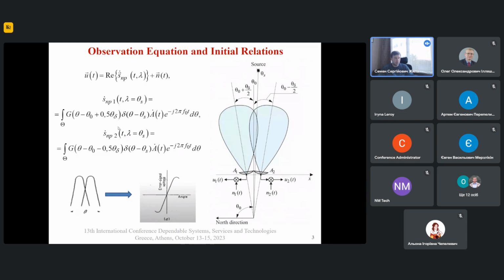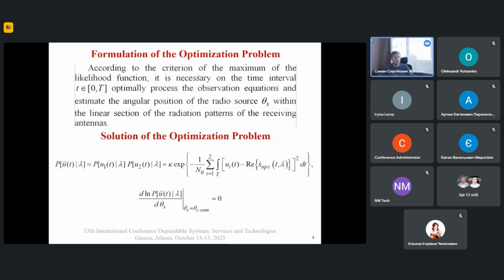And using these two antennas with different positions of the main lobe, we stated the observation equation that consists of received signals and internal noise. And then using the maximum likelihood method, we had to synthesize optimal algorithms. So we have formulated the problem.